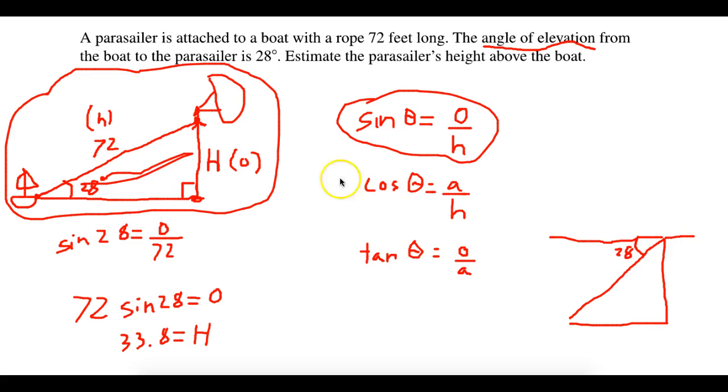Okay? So angle of elevation is from the ground up. Angle of depression is from a line of sight down. Now, one thing you should remember from geometry, because these lines right here are parallel lines, your angle of depression is actually going to be equal to the angle of elevation. So that's something to keep in mind as you go through and look at some of these word problems.